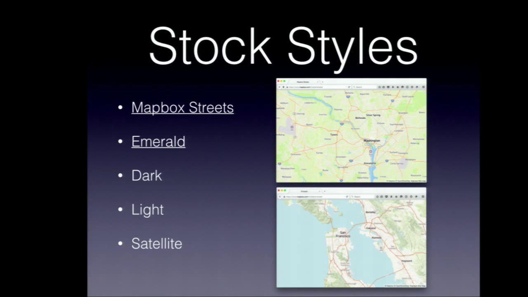So if you want to make a trail map or do something for national parks, things like that. And then we also have dark and light styles for data visualization. And then finally, of course, we've got satellite, which we use a lot of USGS data as well as stuff from Digital Globe and a lot of the major satellite providers out there. So all that stuff.